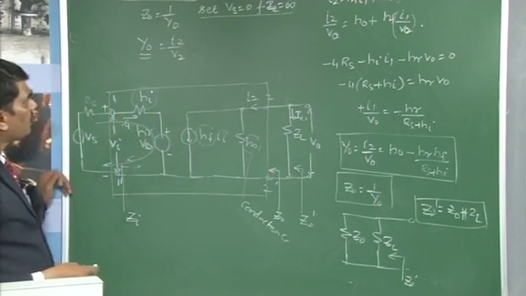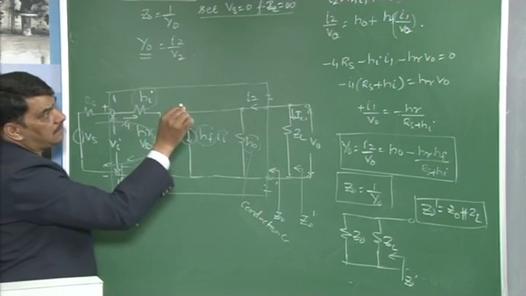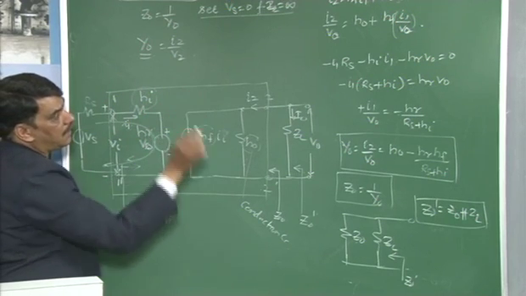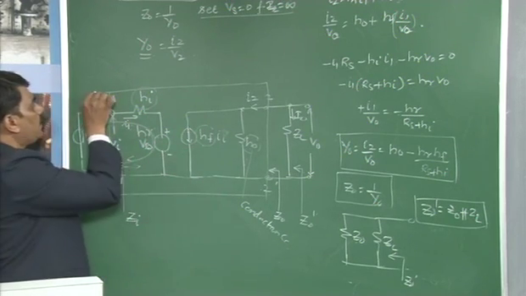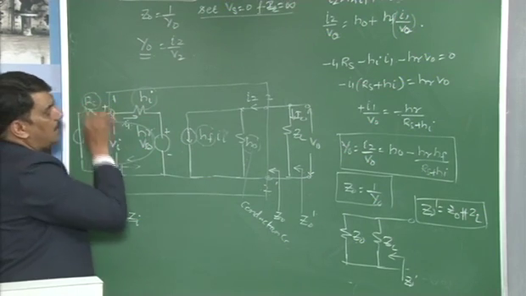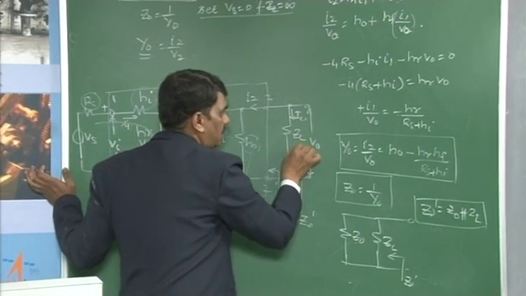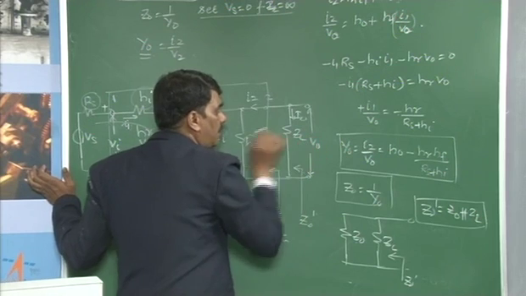We have determined the voltage gain, current gain, input impedance and output impedance by considering the source resistance Rs and the load impedance ZL.